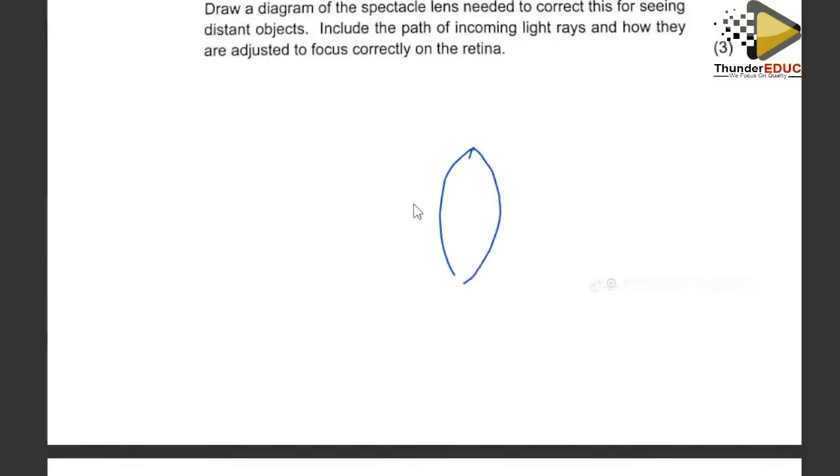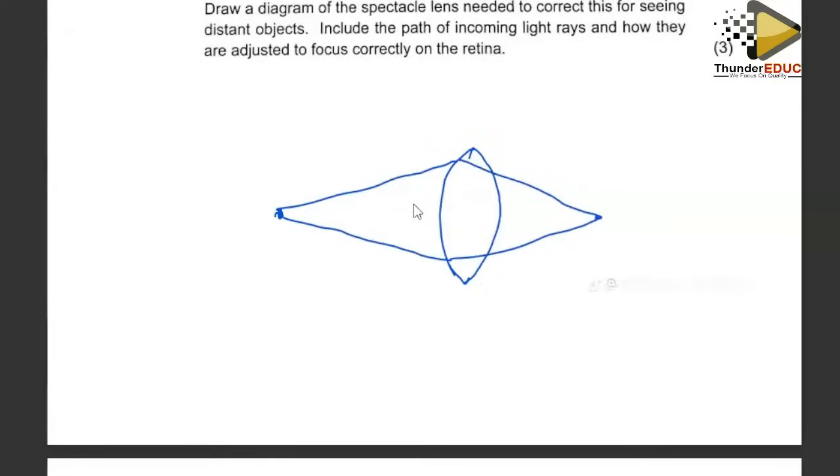You understand? Don't say fat in exam, guys. We call it more convex. So it means that the nearby object comes with a wide beam of view, and then it's able to focus on the retina.